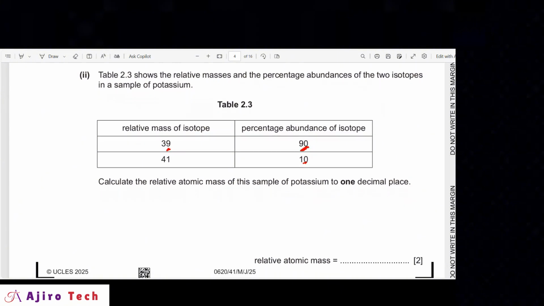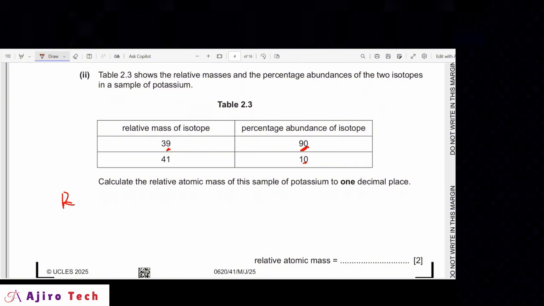Okay, so we go to this question now. You can see this question is for 2 marks. So we have to find the relative atomic mass. To look for the relative atomic mass, of course, you know the formula. Let's represent it as RAM.